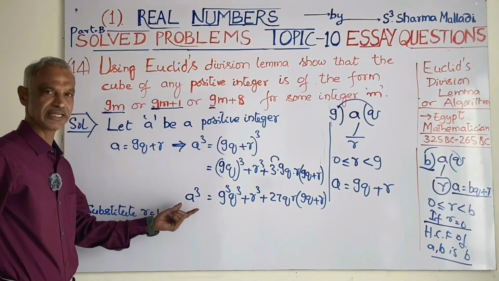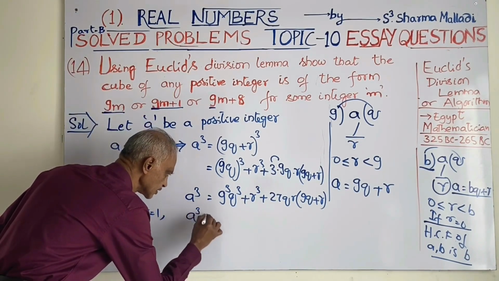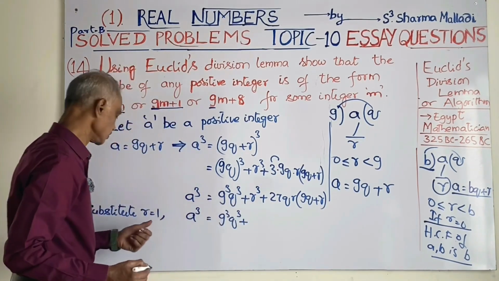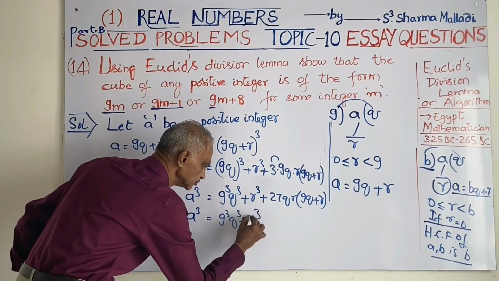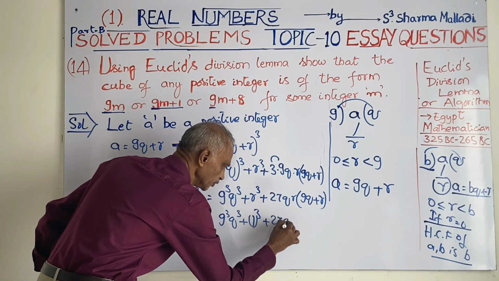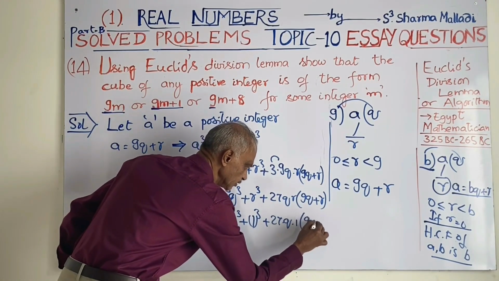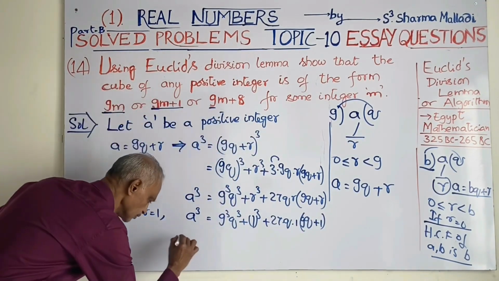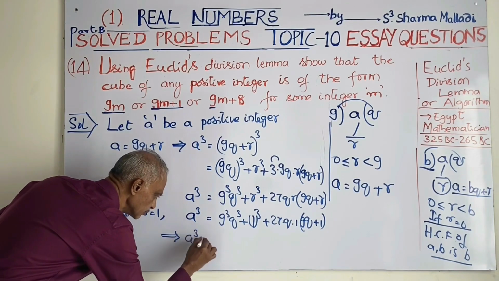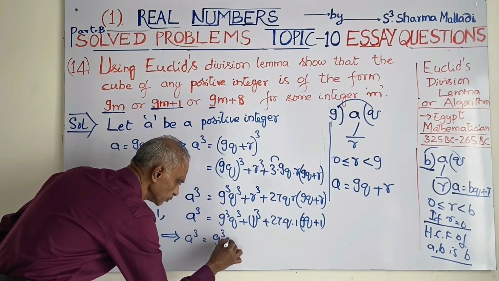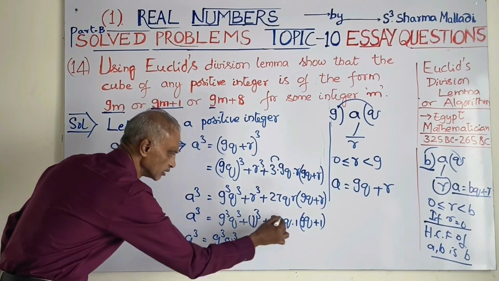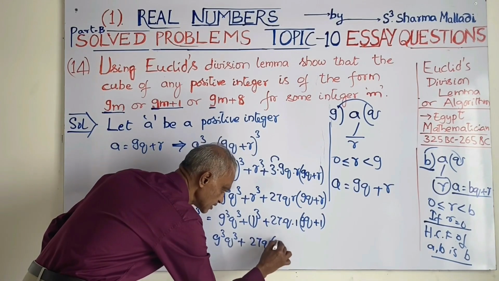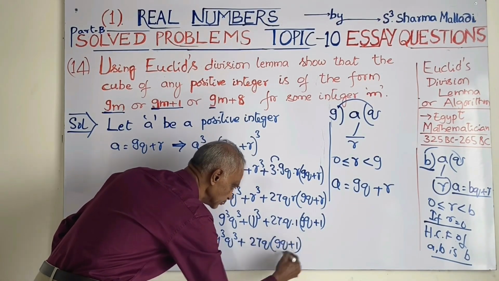Substitute r is equal to 1 in this equation. a cube is equal to 9 cube into q cube and r cube, r is equal to 1 here. 1 cube plus 27 into q into 1 plus 9 cube plus 1. a cube is equal to 9 cube into q cube plus 27 q into 1, 27 q, plus 9 q plus 1.